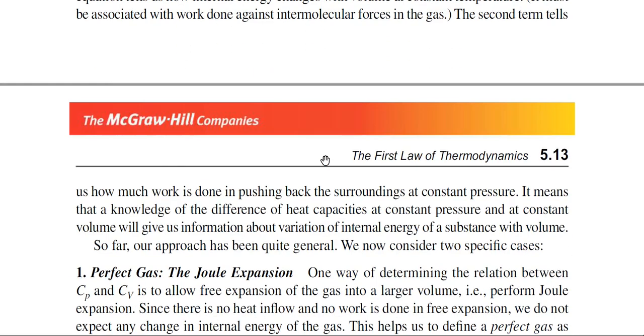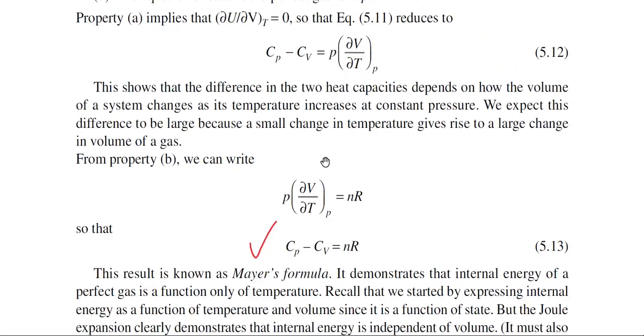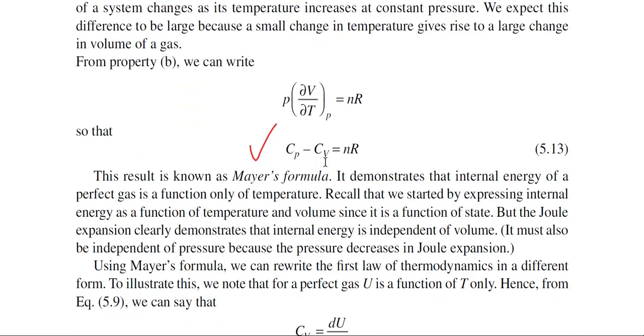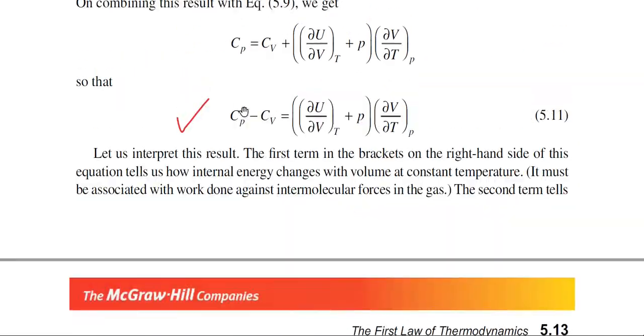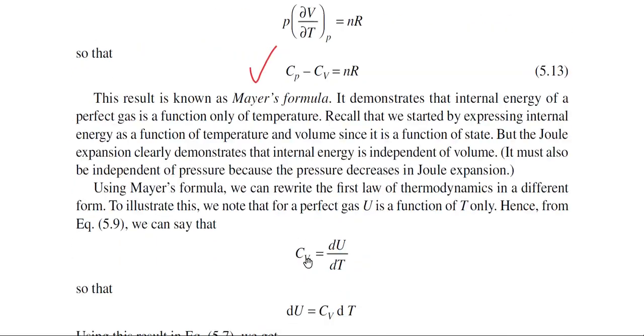This relation is very important. And another relation is there, that is Mayer's formula, Cp minus Cv is equal to nR. So, you have to check the derivation of this particular formula, and you have to also note down this formula, Cp minus Cv is equal to nR.